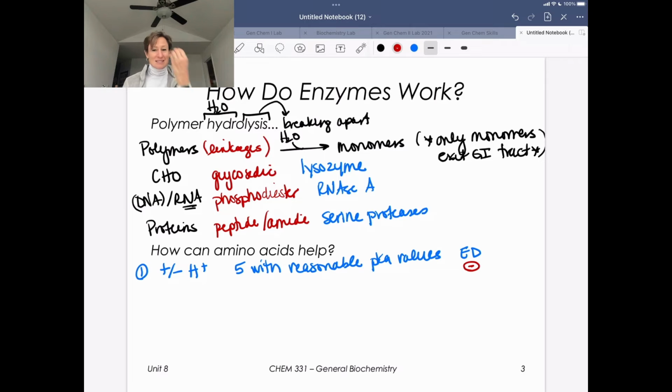So in this case, we're going to have ones that have lost their protons. So they're going to be ones that can actually often help by taking back protons, okay? So then we've got our base. So let me write down, these are our acidic amino acids.